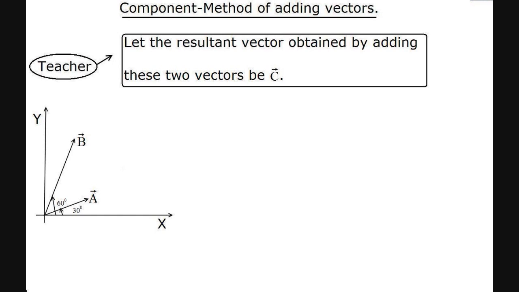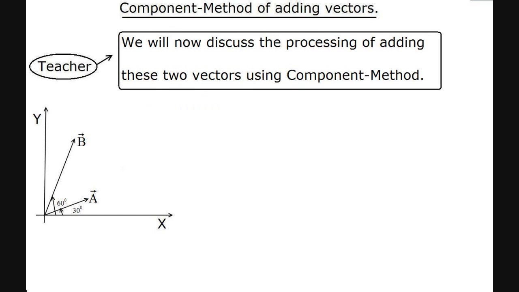Let the resultant vector obtained by adding these two vectors be c bar. Therefore, c bar is equal to a bar plus b bar. We will now discuss the process of adding these two vectors using component method.